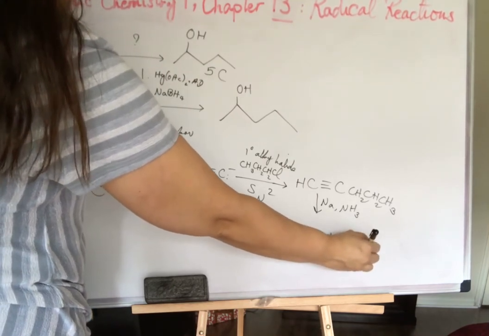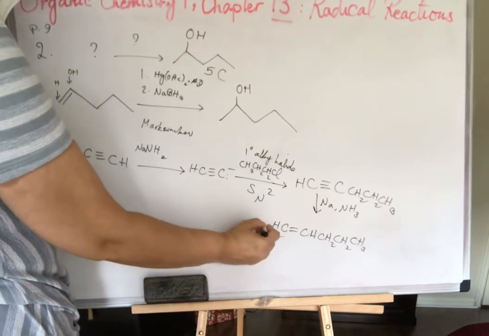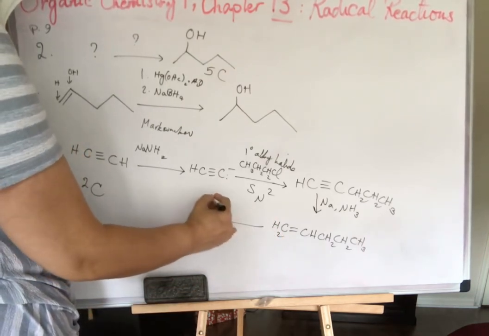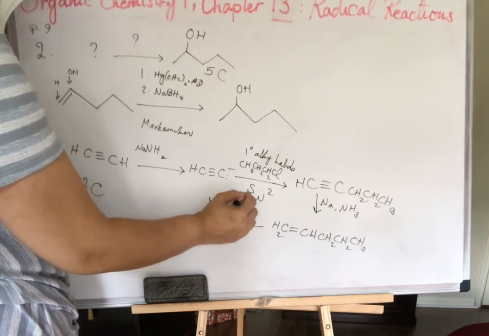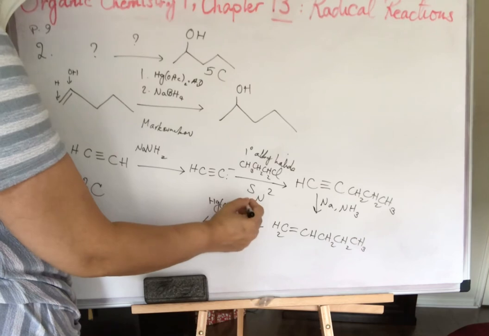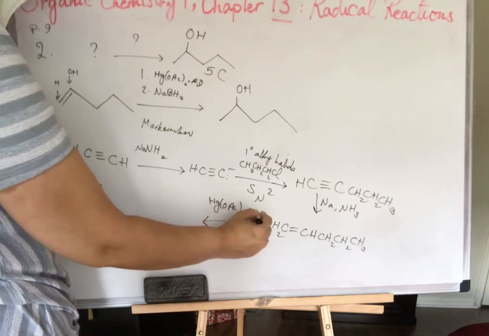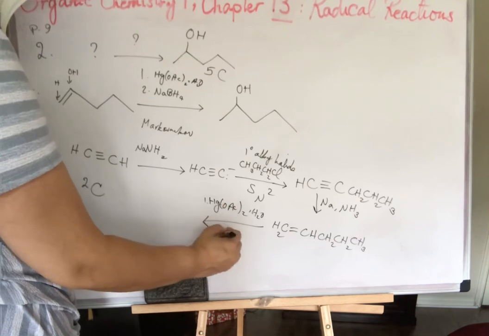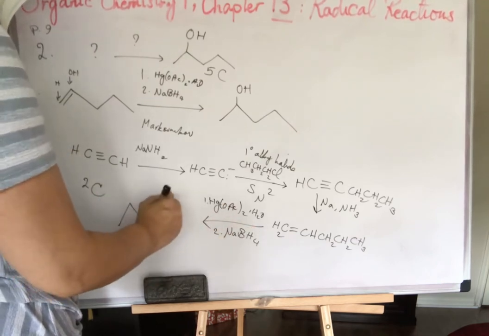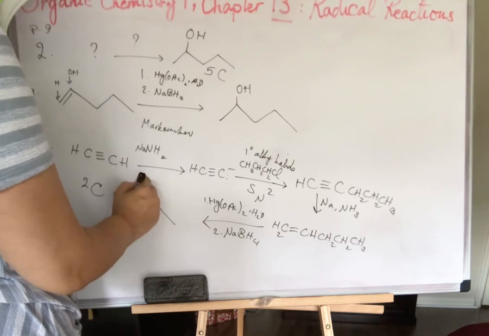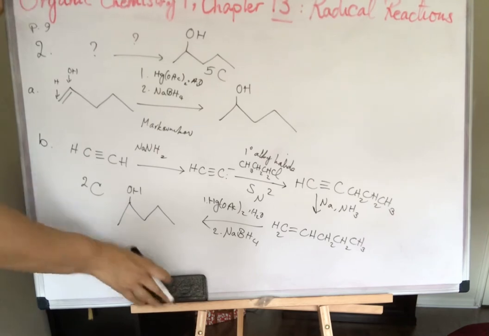You can use either cis or trans because we haven't mentioned it here. And then you will work again with oxymercuration, demercuration, then you will have this. So that's how you work on these compounds.